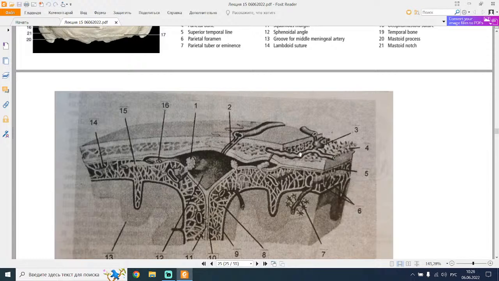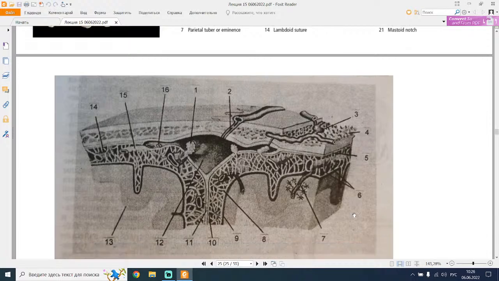This is the vena diploica, the vena emissaria. This vein connects with the sinus of the cranial bone.